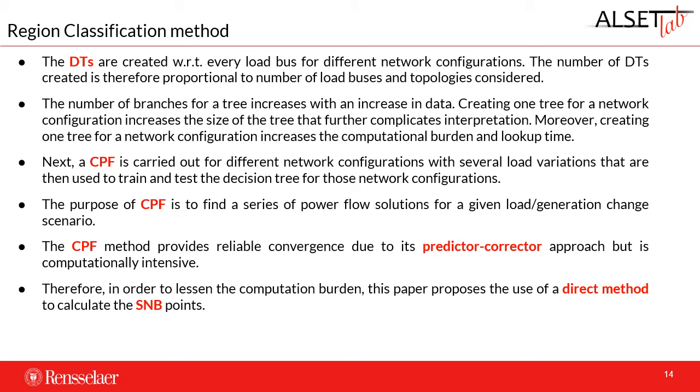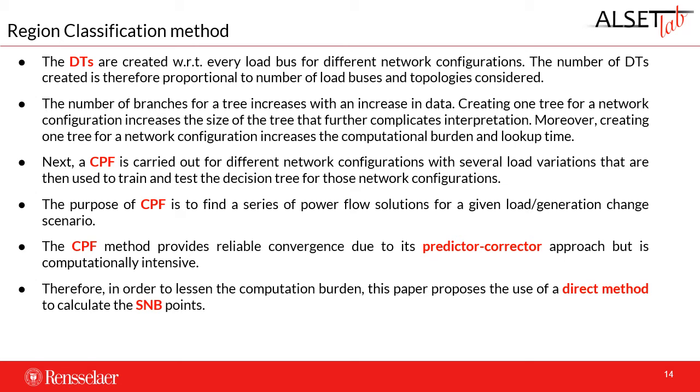So what we do is carry out continuation power flow for different network configurations with different load variations, and those are used to train and test the decision trees under those conditions. The CPF, or continuation power flow, allows us to find these solutions for each scenario, and it has good convergence due to the predictor-corrector approach, but it's also computationally intensive.